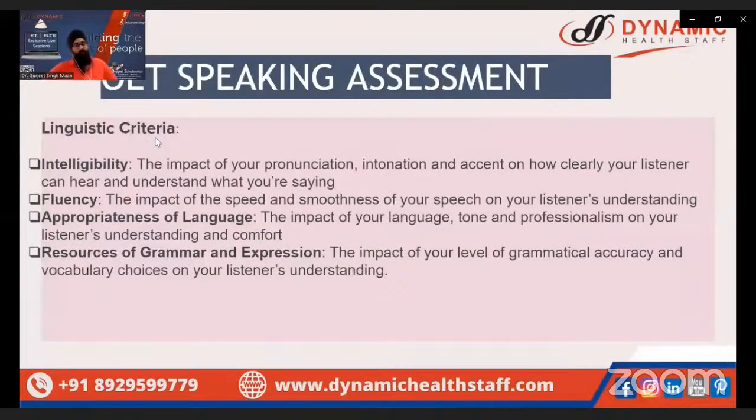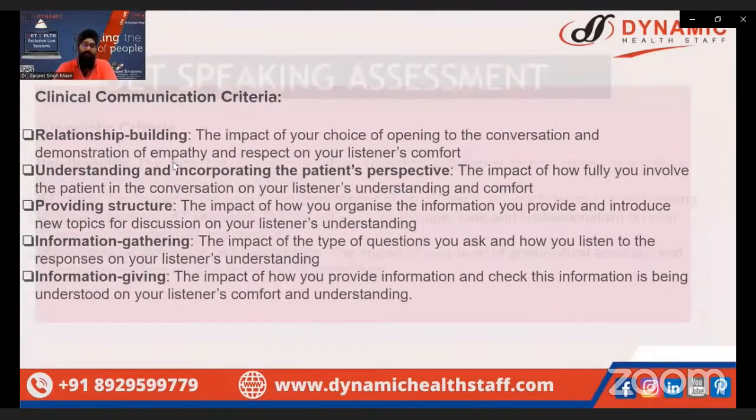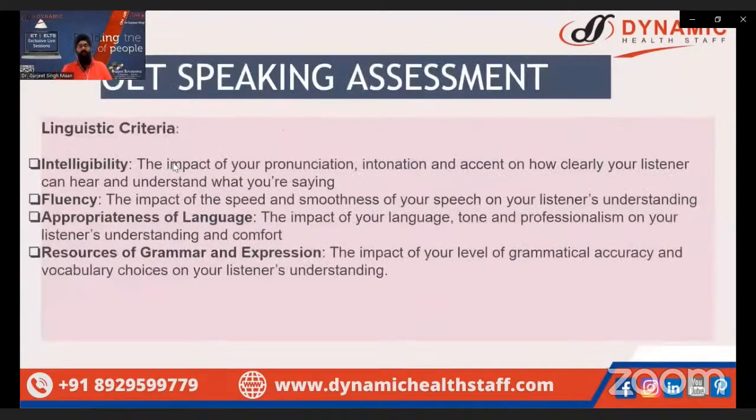Now again, speaking is assessed on the basis of two different criteria: linguistic criteria and clinical communication criteria. Now, what is linguistic criteria? Linguistic criteria is divided into four parts: intelligibility, fluency, appropriateness of language, and resources of grammar and expression.